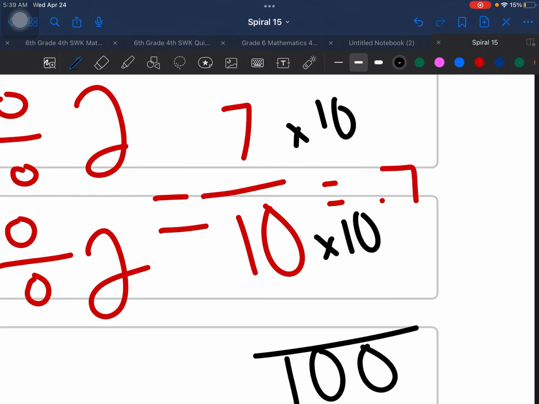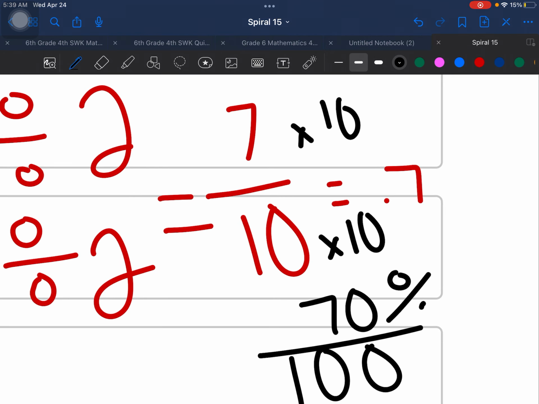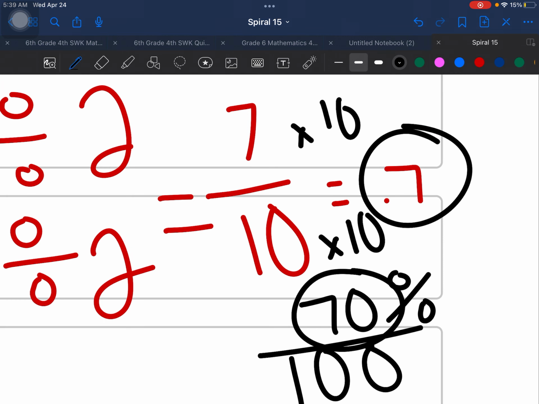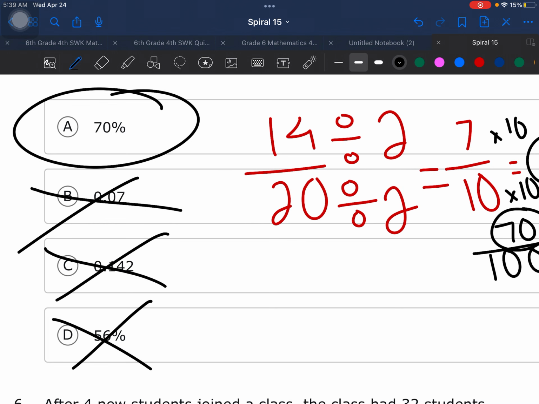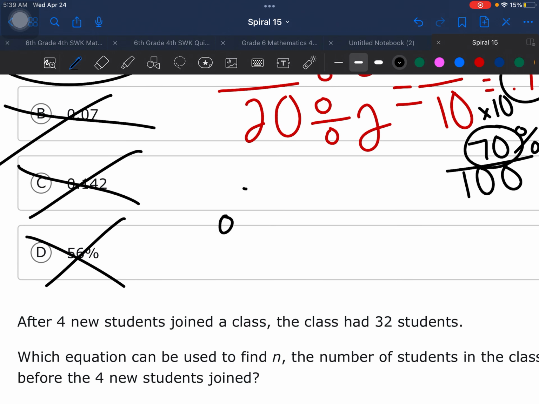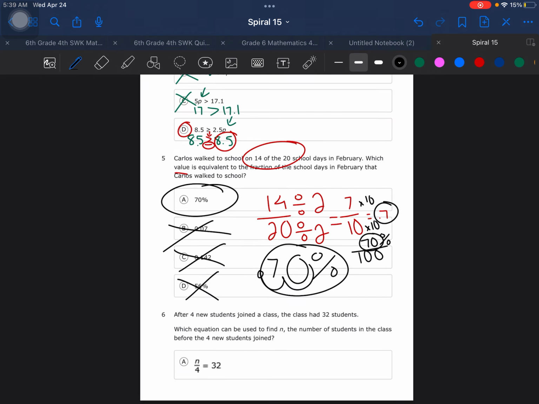And you know that everything over 100, chicos, that's the percentage. So 0.7 and 70%. There we go. Now, you could also do this 2 times to the right and add a percentage. You get the same thing.